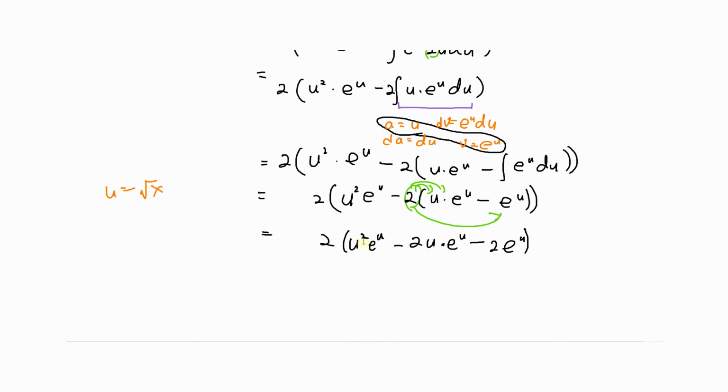Notice that u squared times e to the u is not a like term with 2u e to the u. They are not like terms, so you cannot combine them. However, I see the pattern that e to the u can be pulled out. So I have u squared minus 2u minus 2.